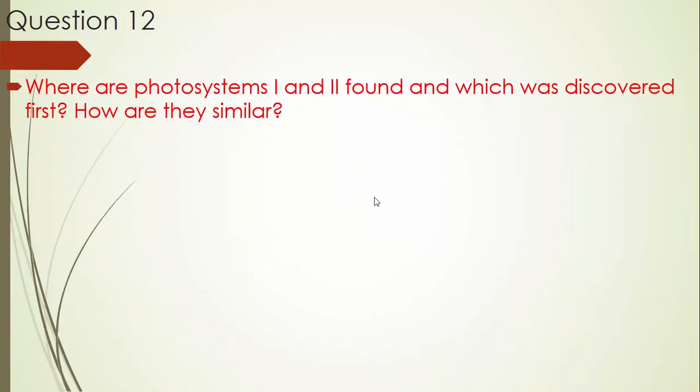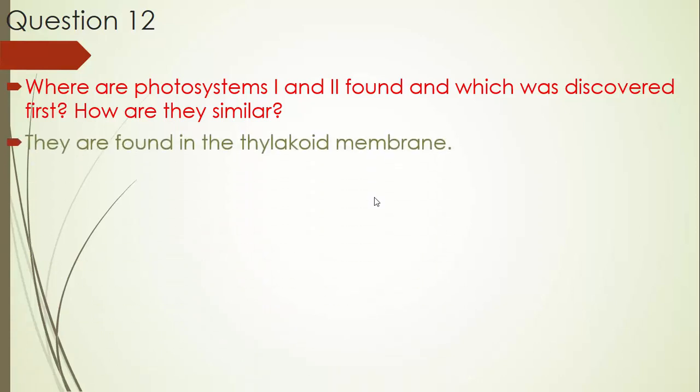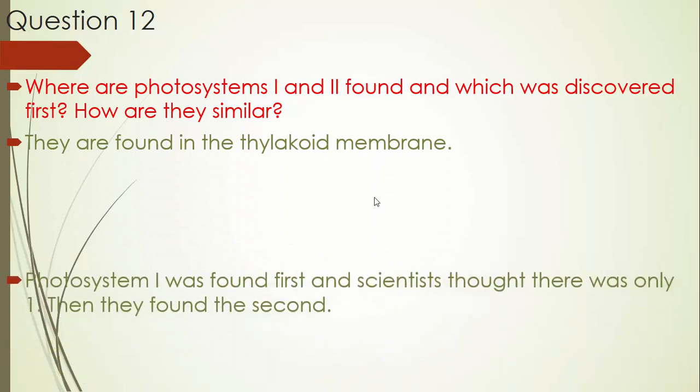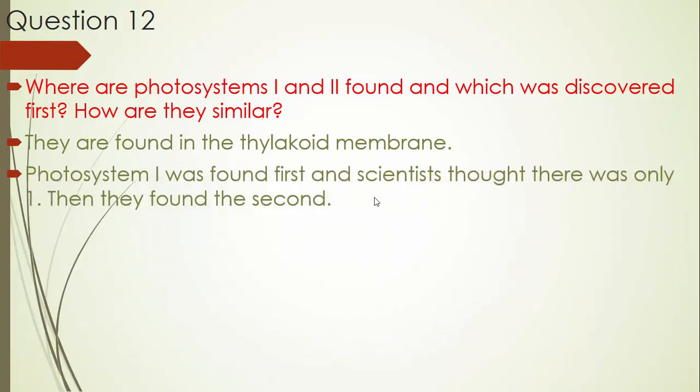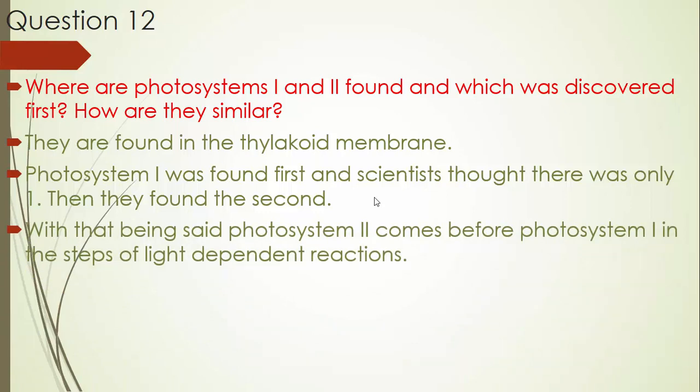Number 12, where are photosystems 1 and 2 found, and which one was discovered first? How are they similar? So photosystems 1 and 2, there's a dead giveaway. It's called a photosystem. Photo means light, so there's only one place that it could happen, inside the chloroplast, and they're going to be found in the thylakoid membrane. Now, photosystem 1 was found first, and scientists thought there was only one. Then they found the second. With that being said, photosystem 2 comes before photosystem 1 in the steps of light-dependent reactions.